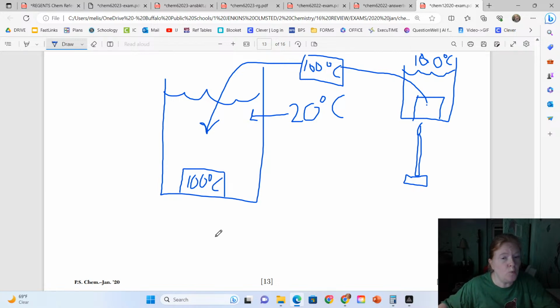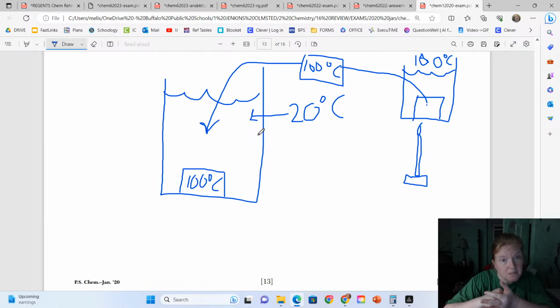So in which way will heat flow? I have to look at things that are touching. The iron block inside here is touching the water, right? So heat will flow from the thing at the higher temperature to the thing at the lower temperature. I don't say heat rises. I don't say left, right, north, south. I don't say any of that for direction of heat flow.